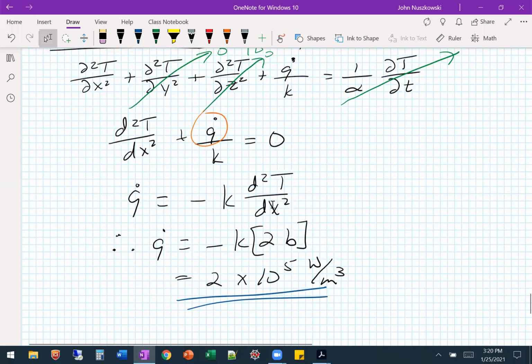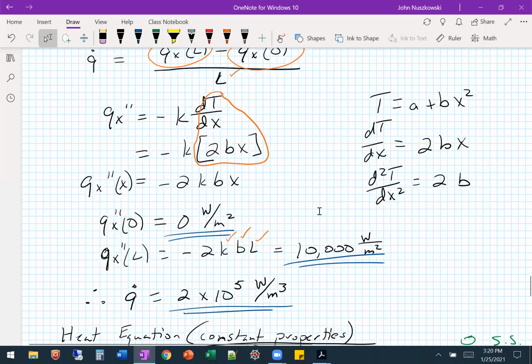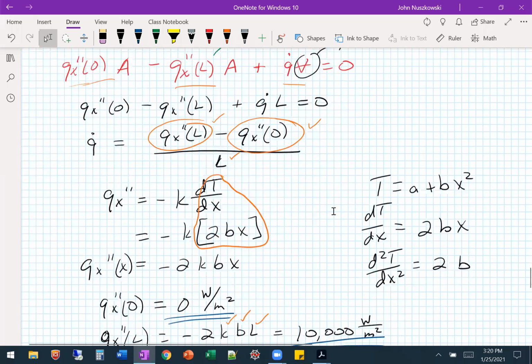And they ask us, in what manner are these heat fluxes related to the heat generation rate? By showing this conservation of energy version, we already showed how they were related, how that heat generation rate was related.